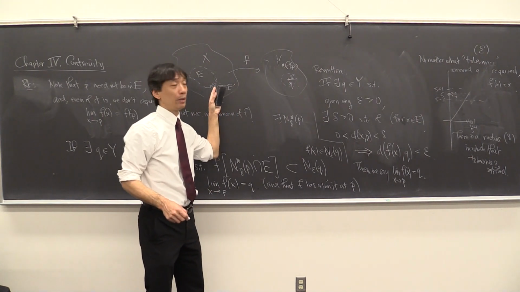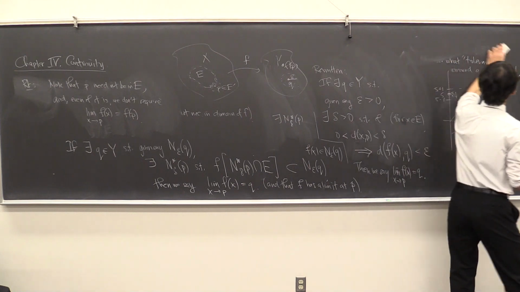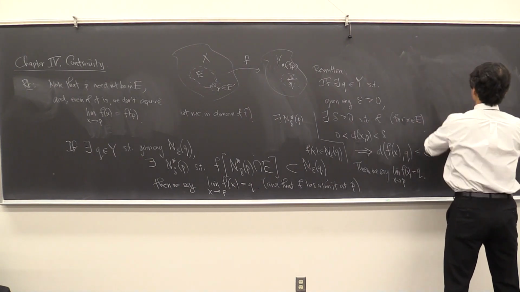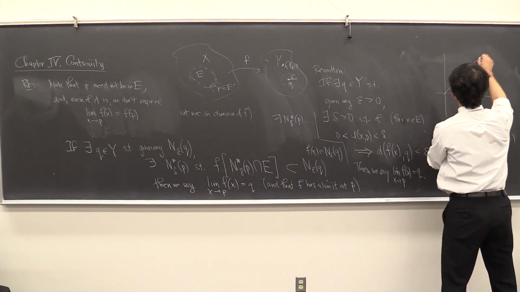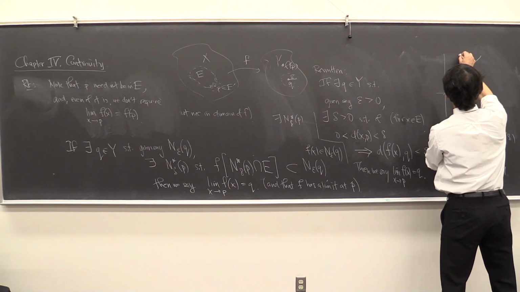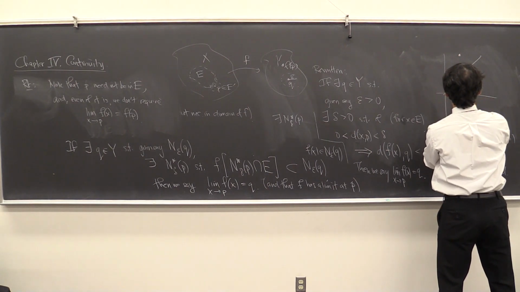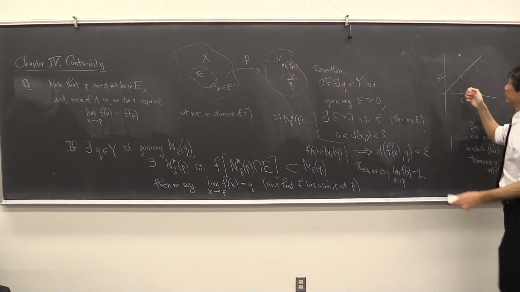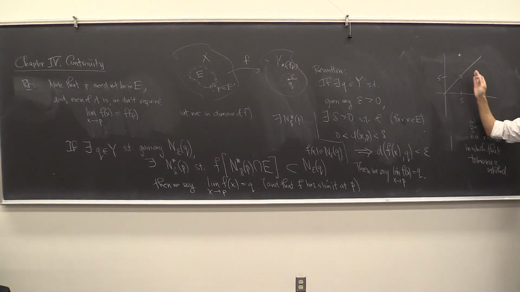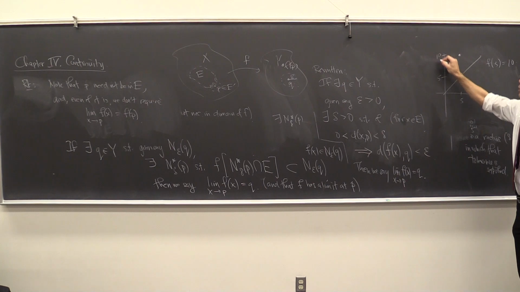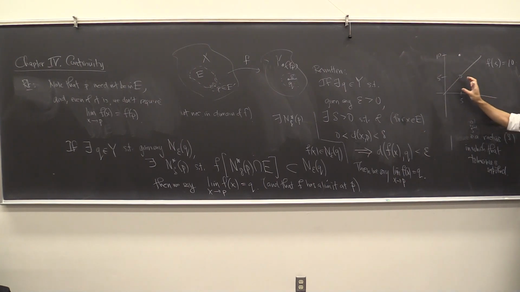And that's something that you're familiar with from calculus. When you have some function like this, the limit is still 5. You don't care what the value is. Here you've got this function where the value at 5 is, let's say, 10, but the limit of the function is still 5.